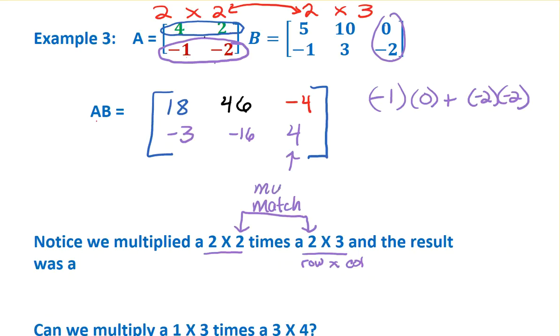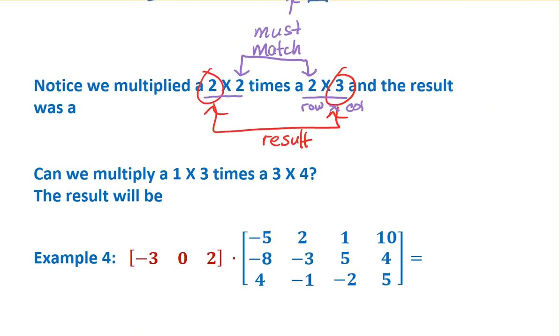So those two must match. And then look at what we ended up with. We ended up with a 2 by 3. So this is the result. So the resulting matrix ended up to have 2 rows and 3 columns. So let's talk about this a little bit more.